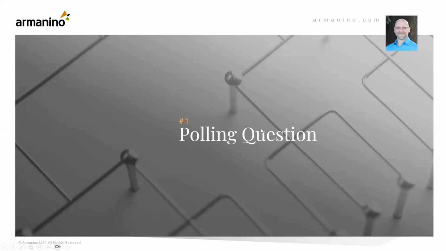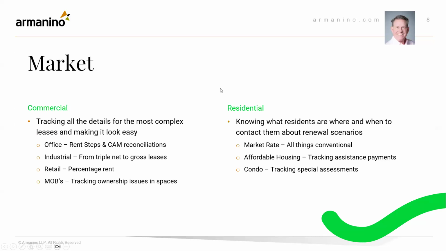I appreciate that. Now, when we break down those markets into more detail, when we think about those commercial spaces, there's a variety and complexity to the leases that we need to make sure that we track. And we want to make sure that we're handling all the different issues and items within those leases as we go along. So as an example, when it comes to retail rent, you may have percentage rent clauses where tenants are paying a portion of their rent based upon the sales that they have on a monthly basis.